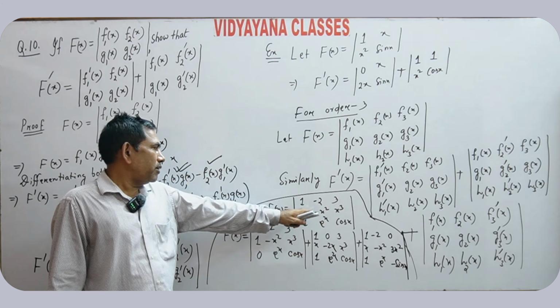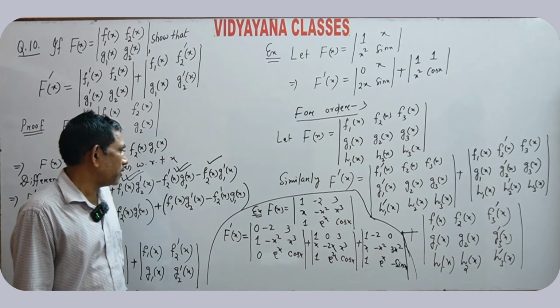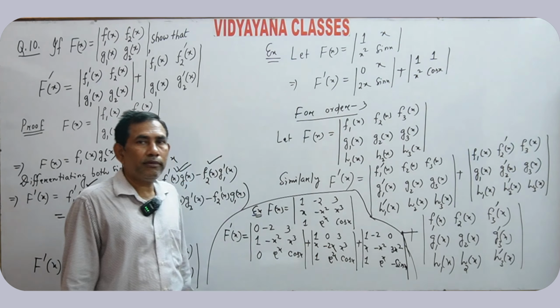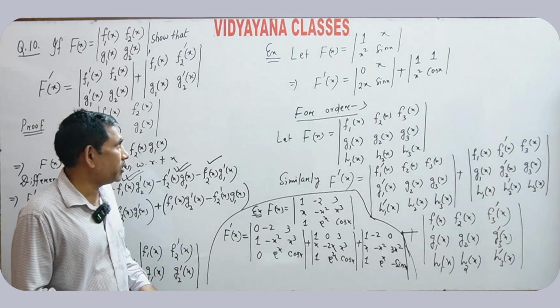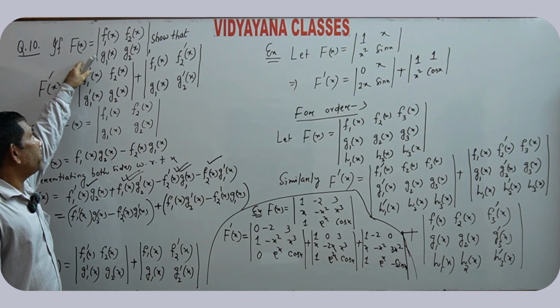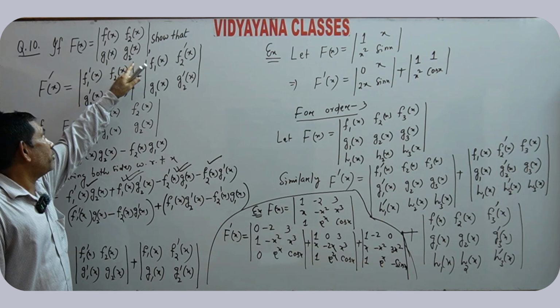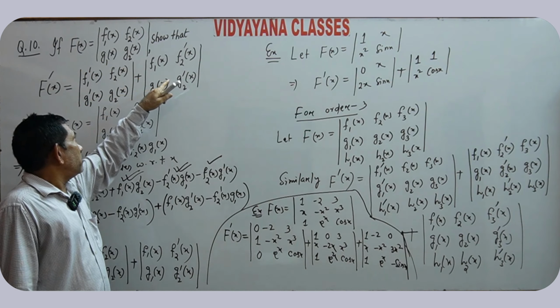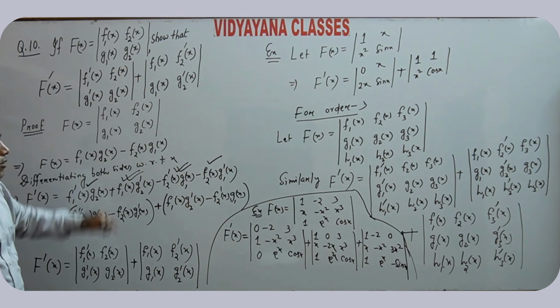Capital F(x) is a determinant of order 3. Its derivative is the sum of 3 determinants, each having order 3. Here, capital F(x) is a determinant of order 2. Its derivative is the sum of 2 determinants of order 2.